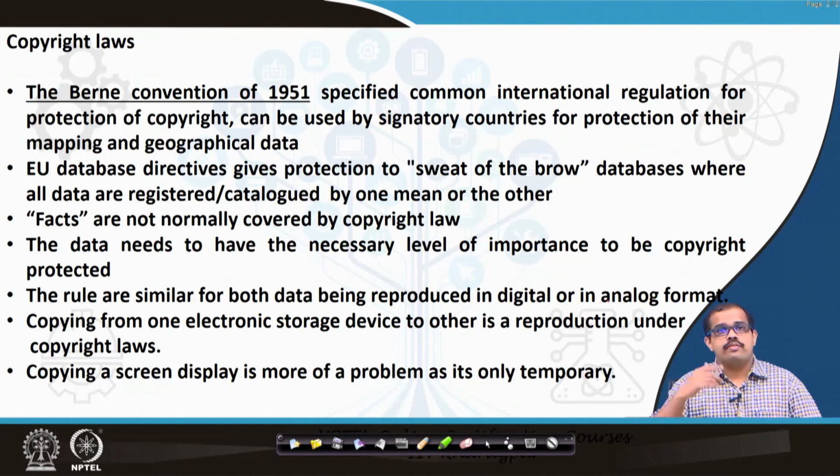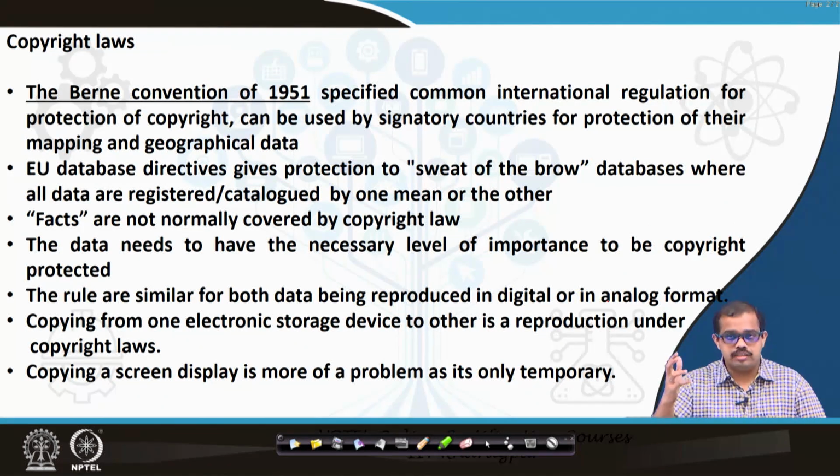When you look at the copyright laws that normally govern such digital data, you have the Berne Convention of 1951, which specified common international regulations for protection of copyright. Then you have an EU database directive that gives protection to the sweat of the brow databases, where all data are registered or catalogued by one means or another.